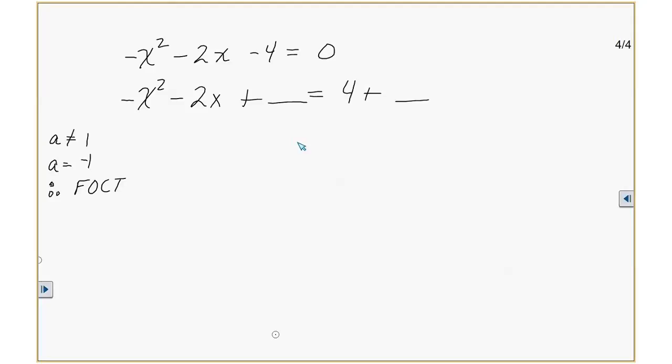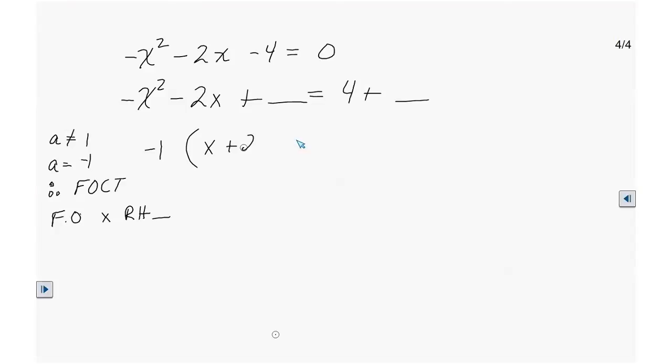Now, the only catch is whatever you factor out, you have to multiply by the right-hand blank. So I'm going to factor out a -1, right? And that's going to give me x squared plus 2x plus blank is equal to 4 plus -1 times blank.